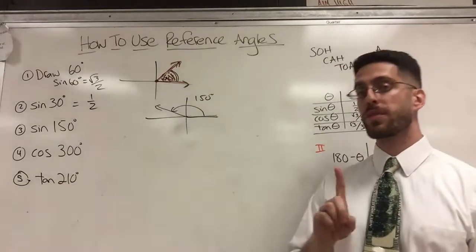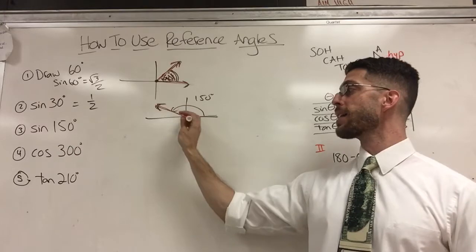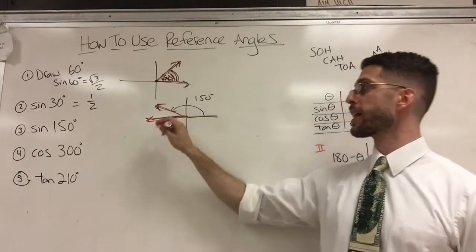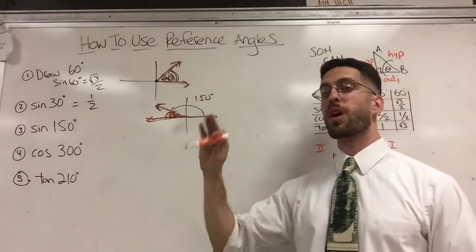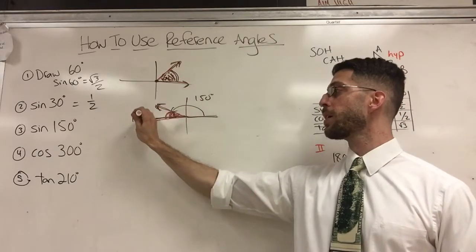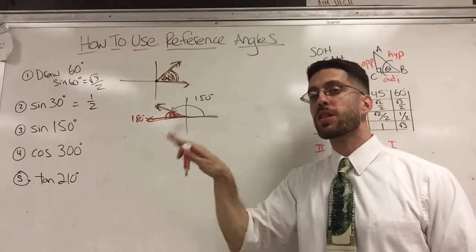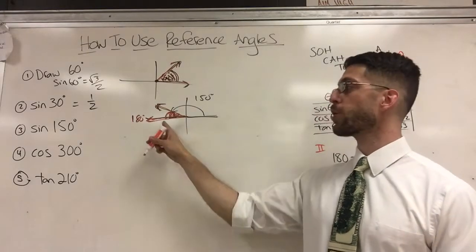My reference angle is defined as the angle formed by the terminal side and the x-axis. So it's this space right here. Remember when I was describing how to draw 150, I said it was just a little bit short of 180. This would be 180, a straight line. When I say just a little bit short, there's no guessing here. There's an exact value. How short is it?